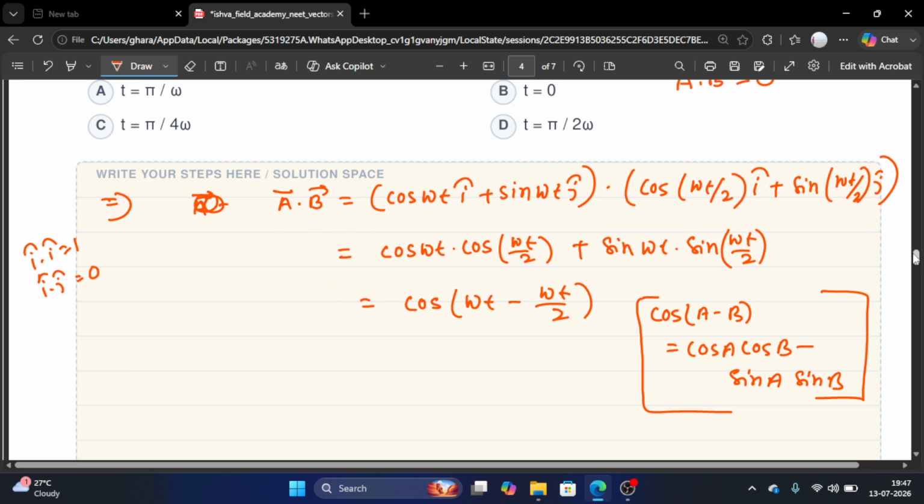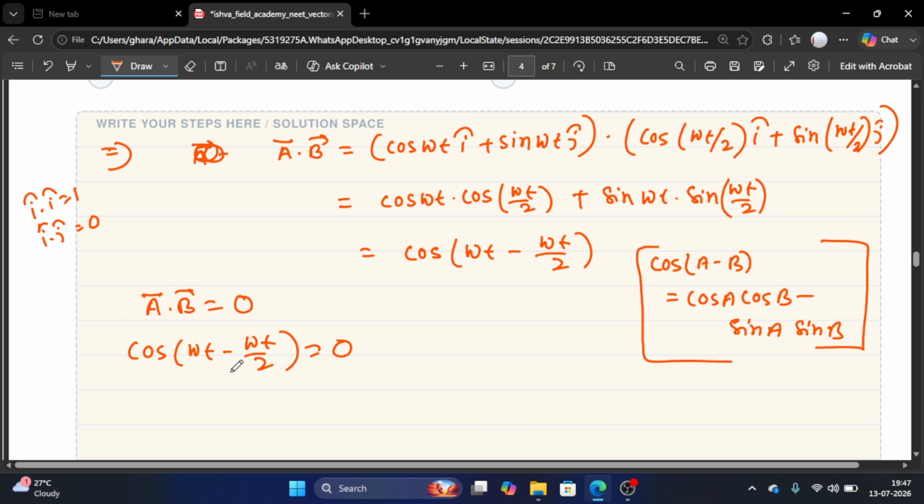In the question it is already told that the vectors are orthogonal, that means the orthogonal condition a dot b equals 0.